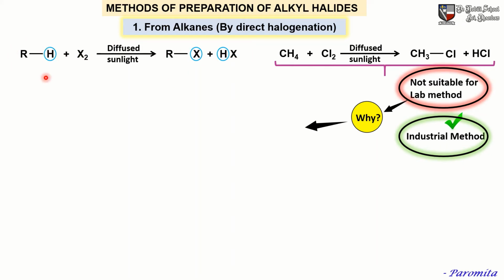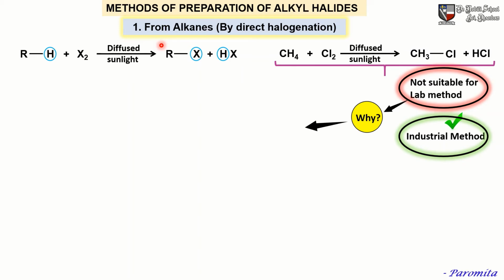Now see, this is an alkane and this is alkyl halide. Now in this alkane, the H atom is replaced by X atom, or the H atom of an alkane is substituted by a halogen atom in alkyl halides. So this is an example of substitution reactions.